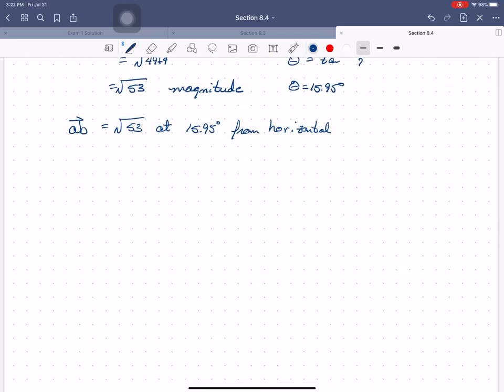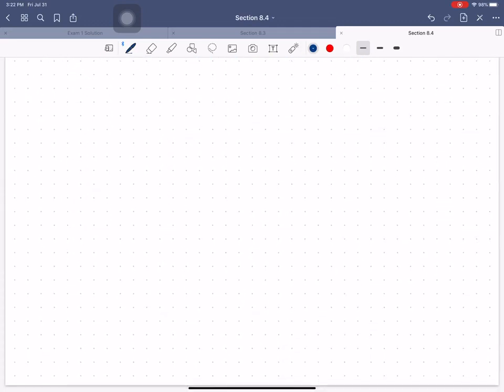So suppose you are given a vector with length 7 at 135 degrees.